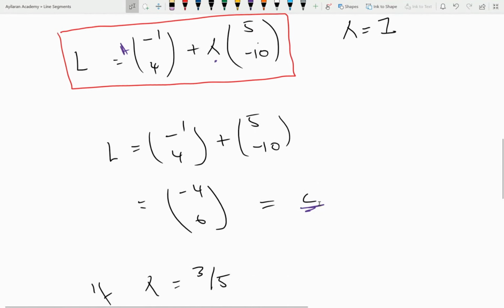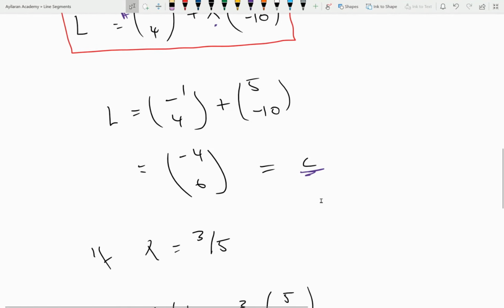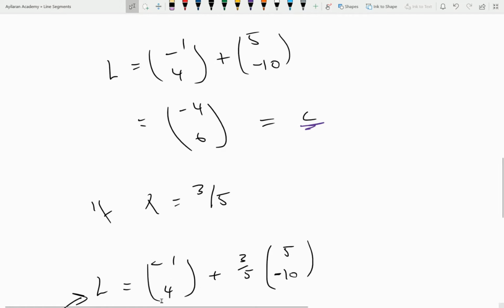So we go back to our vector line equation and we set lambda equal to 3/5. I'm expecting that if we step 3/5 in the direction, we will end up at B. So I plug in the values. I start at A and I go 3/5 in this direction.